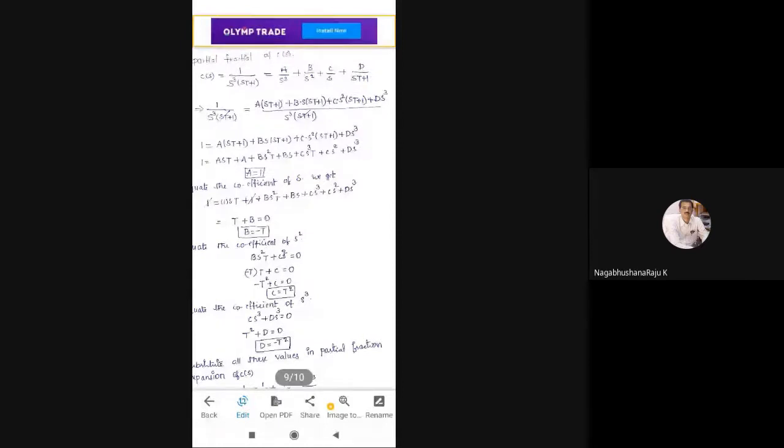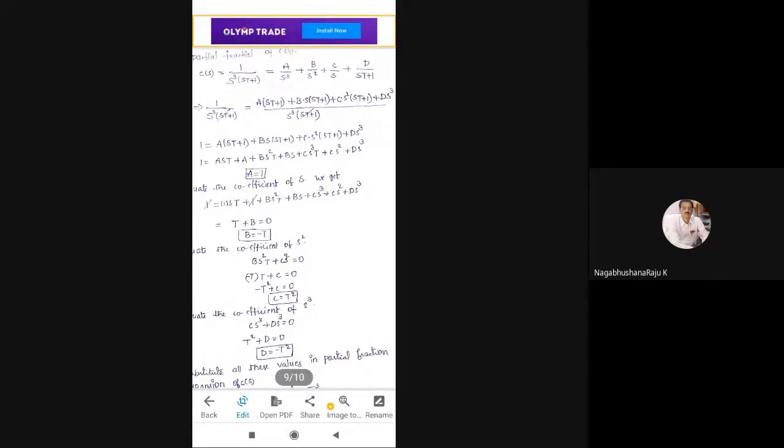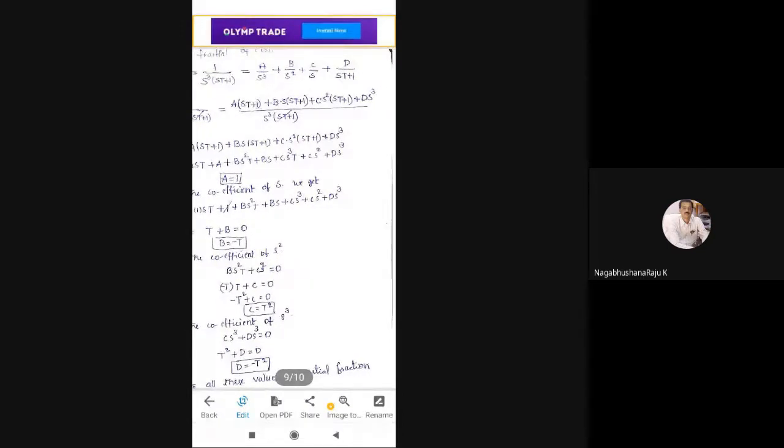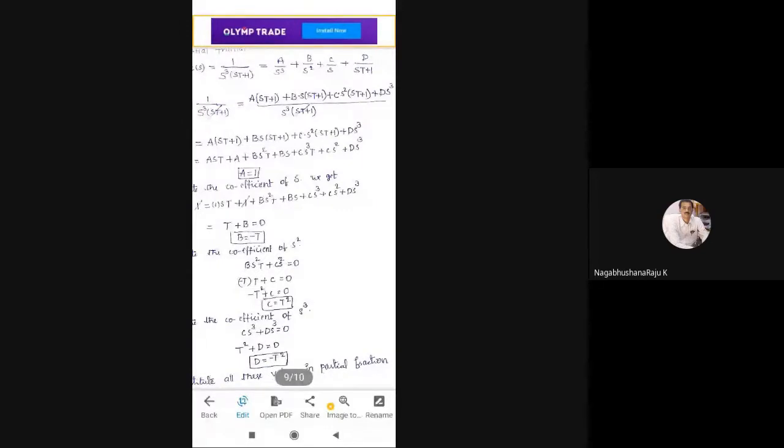We get C(s) = 1/(s³(sT+1)) = A/s³ + B/s² + C/s + D/(sT+1). So 1/(s³(sT+1)) = A(sT+1) + B s(sT+1) + C s²(sT+1) + D s³, over s³(sT+1).